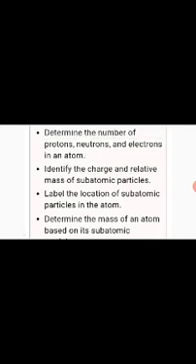All the other atoms have protons and neutrons in the nucleus, which tells the atomic mass of an atom.